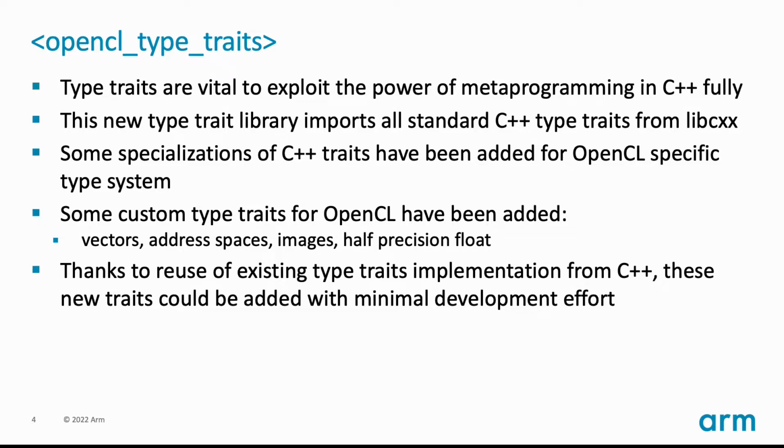We also specialize some of the C++ type traits for the OpenCL-specific type system, and also add some custom type traits for OpenCL, for example, for vectors, address spaces, images, or the half precision floating point type. And thanks to reusing type trait implementation from C++, we have shortened the development time, and we also guarantee maximum compatibility with the C++ standard.